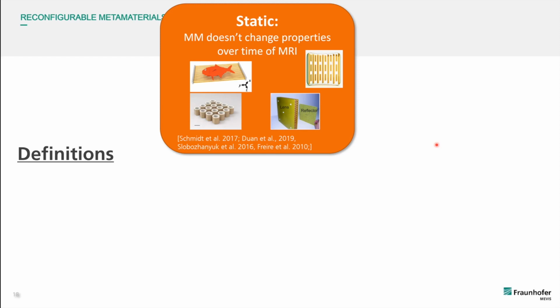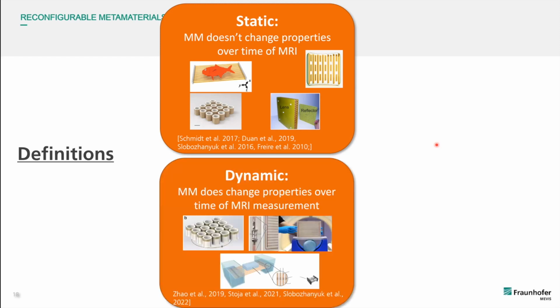The first one is just a static metamaterial that's fabricated in one way, and it will never change its property, at least not during the time the metamaterial is inside the magnetic resonance scanner. So during this measurement process, the material doesn't change its properties, then it's called a static metamaterial. If it is changing its properties over time, it is called dynamic.